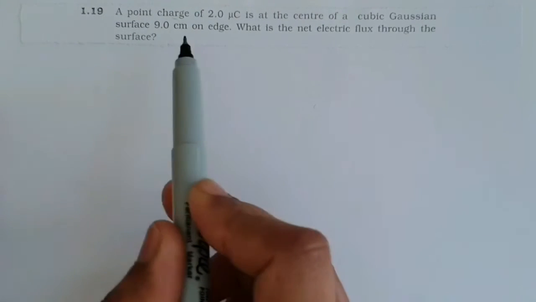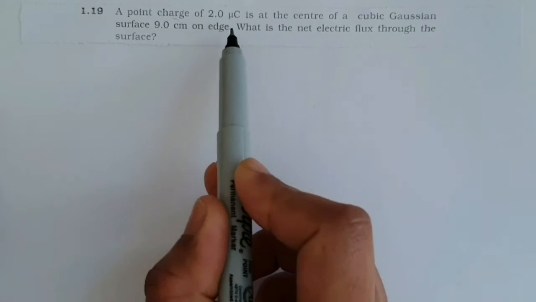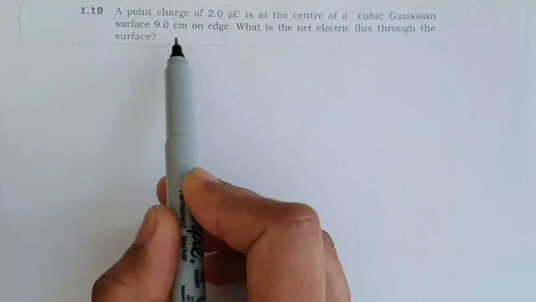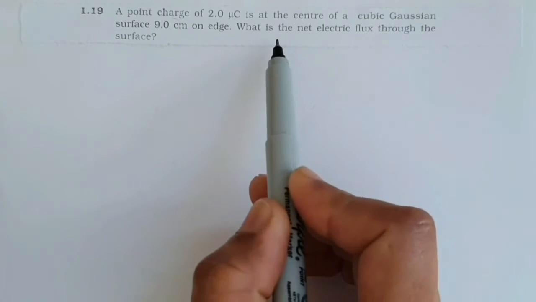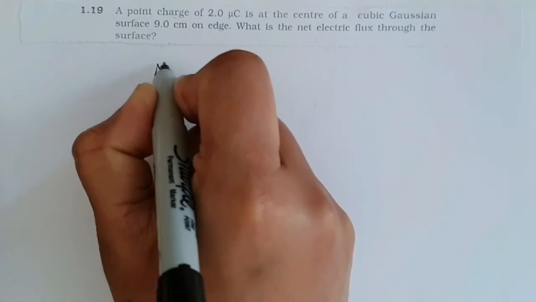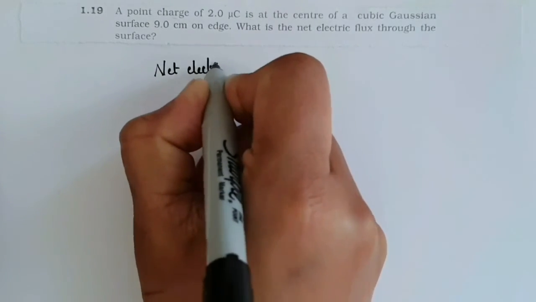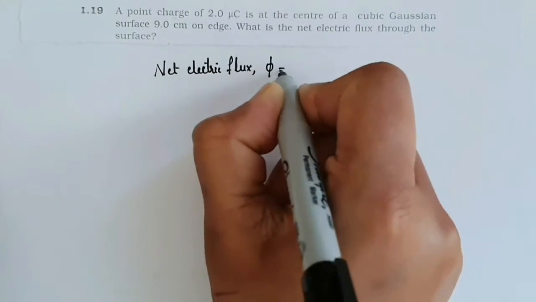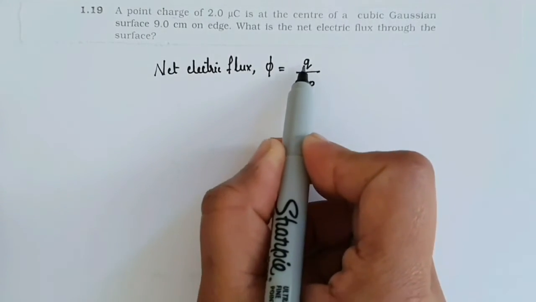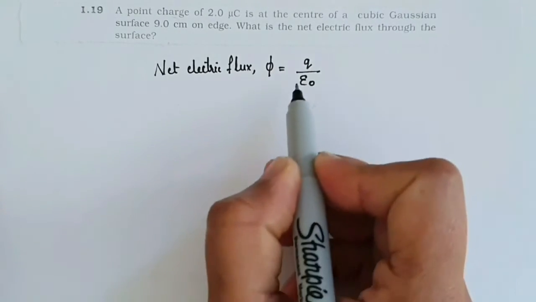Question number 19. A point charge of 2 microcoulomb is at the center of a cubic Gaussian surface 9 cm on edge. What is the net electric flux through the surface? Net electric flux phi is equal to Q by epsilon 0.